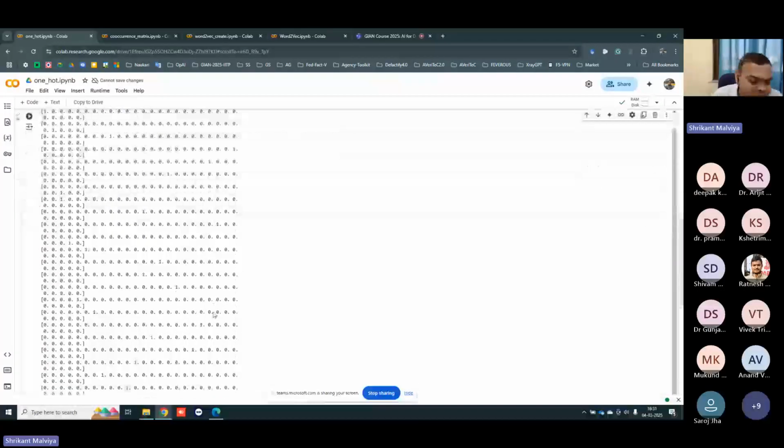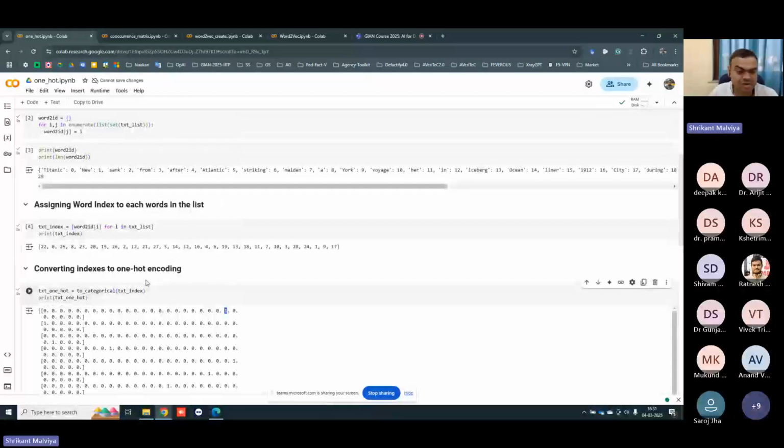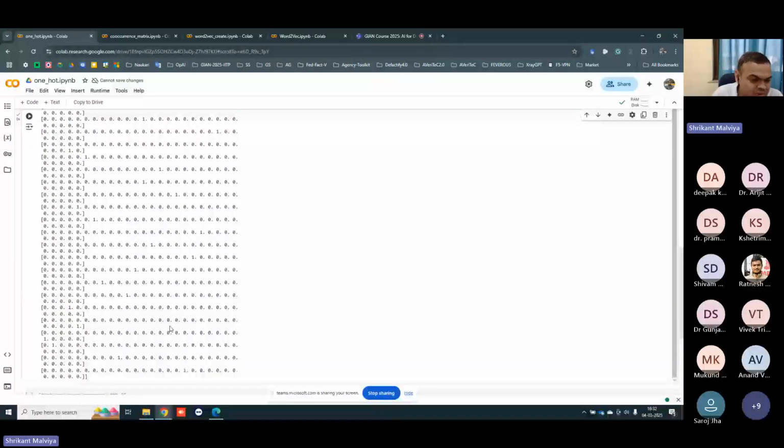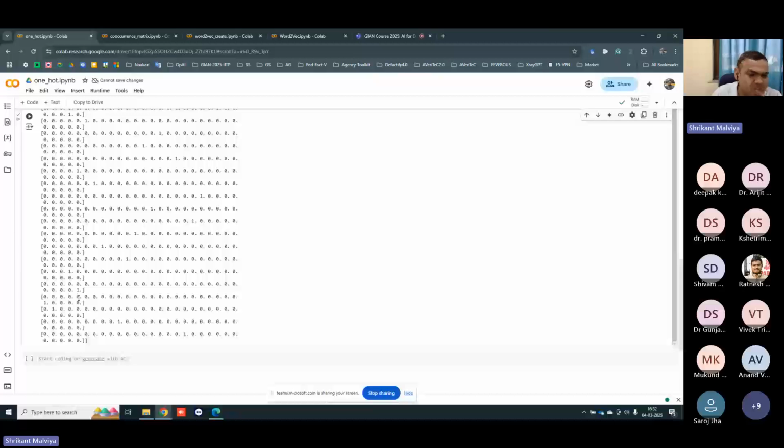So this is how this sentence is represented using one hot vectors. For each vector, there is only one place where there is a one, otherwise all are zeros. Such a representation is called a sparse representation, also known as the sparse representation of word vectors.